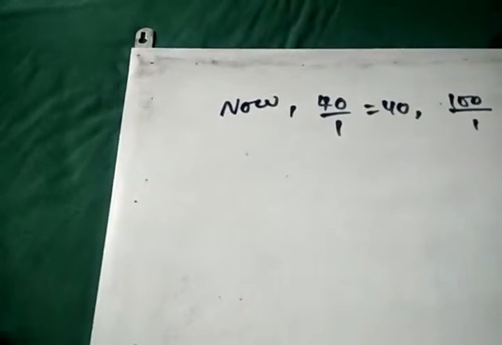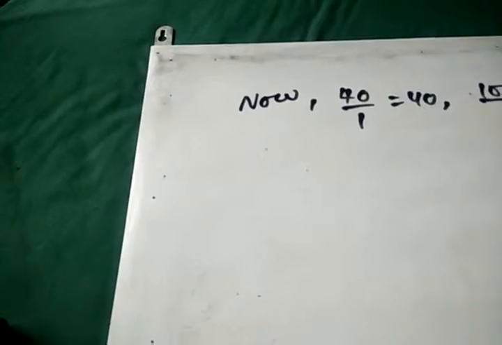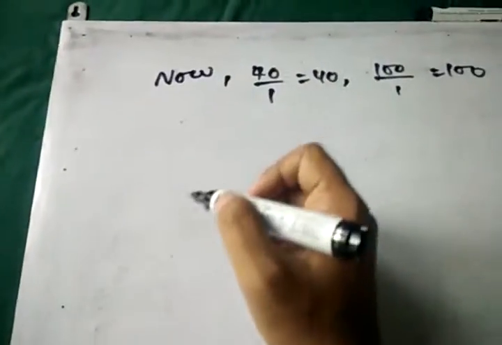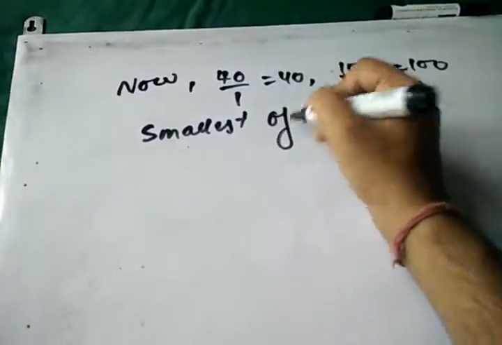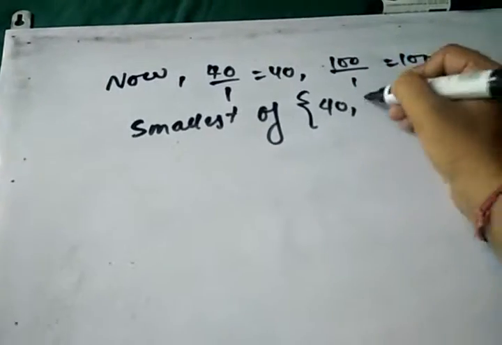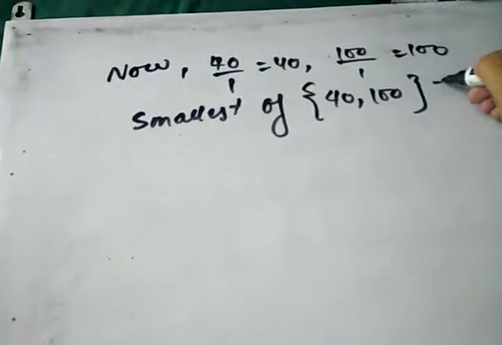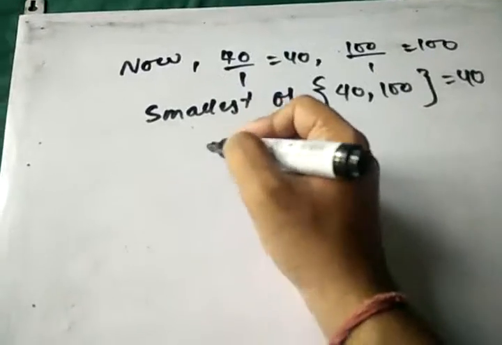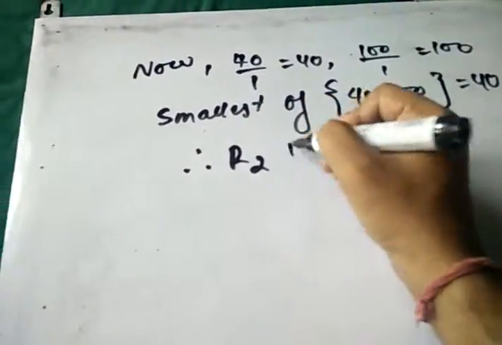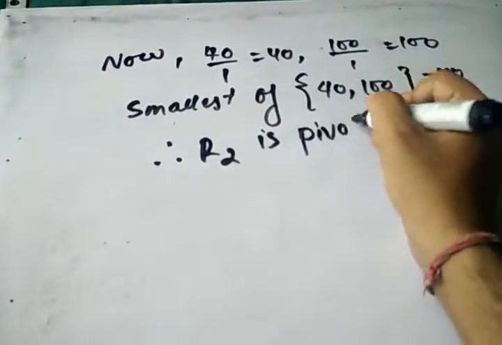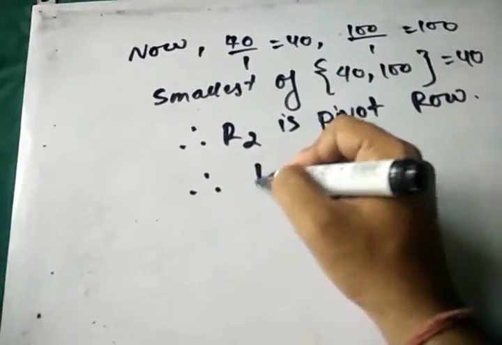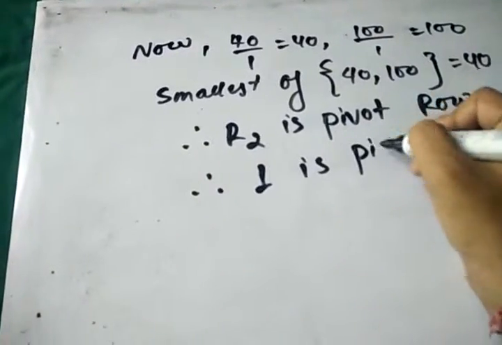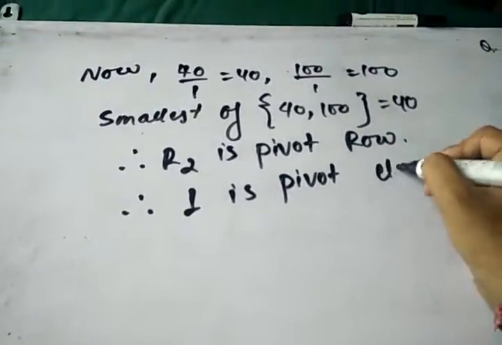This is for the pivot row. The smallest of 40 and 100 is 40. Therefore R2 is the pivot row, and therefore 1 is the pivot element.